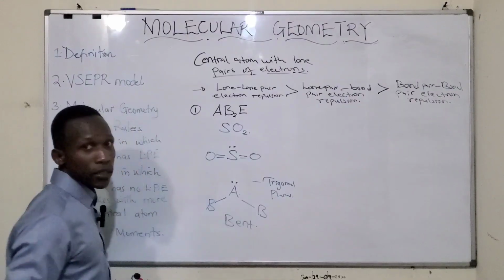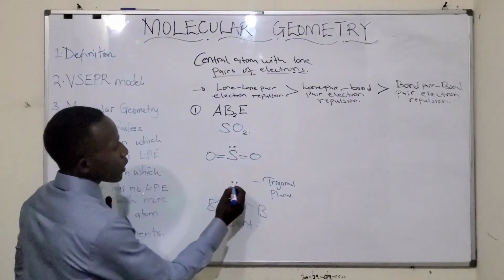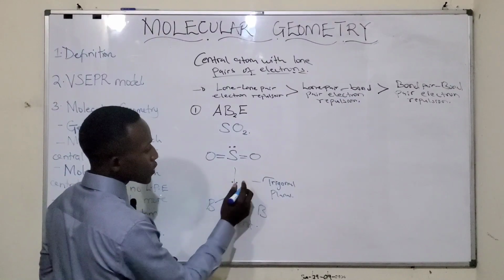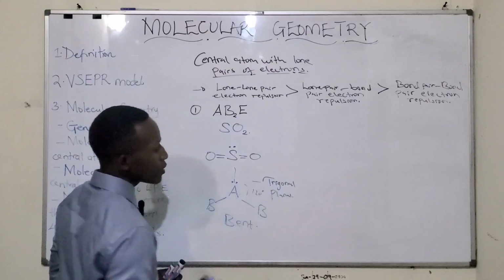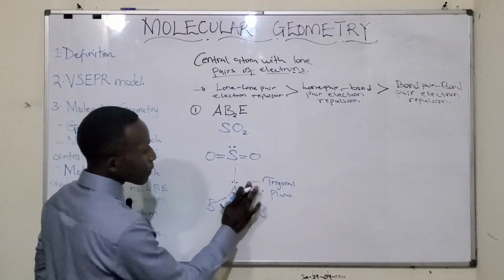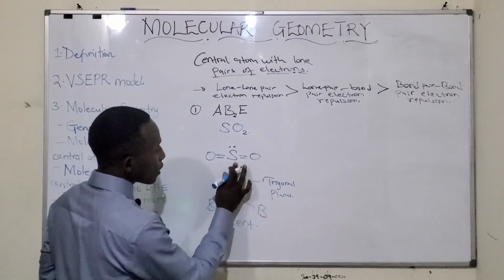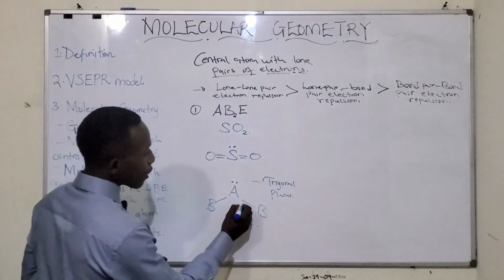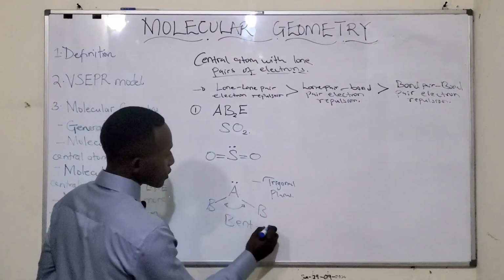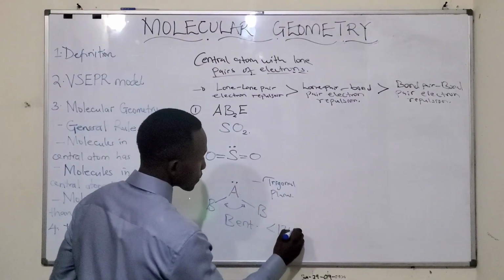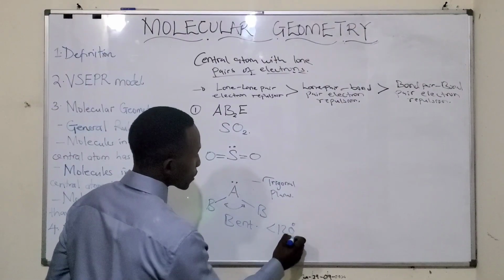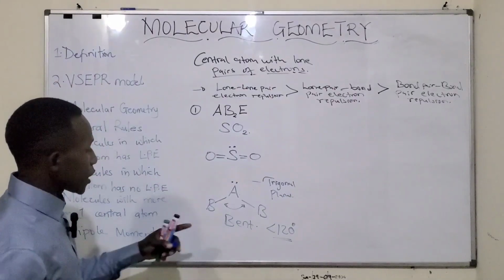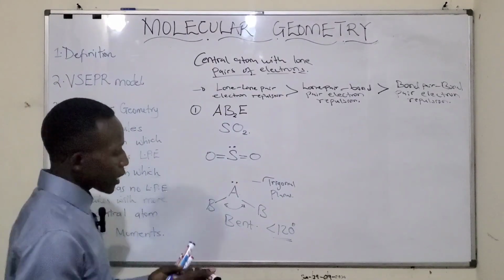If it was trigonal planar, when these ones were not lone pairs of electrons, these angles will be at 120 degrees. But here, since the lone pair repels the bond pairs more than these ones repel themselves, this angle will be less than 120 degrees. It's no longer 120, but it's less than 120 degrees. That's one.